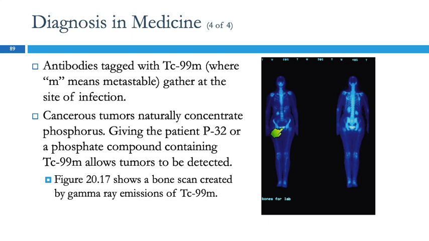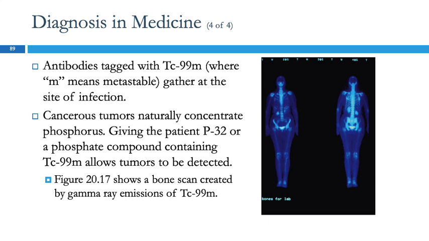So here's an actual image using antibodies tagged with technetium-99m. So this is a bone scan created by gamma emission of Tc-99m. Cancerous tumors naturally will concentrate phosphorus.